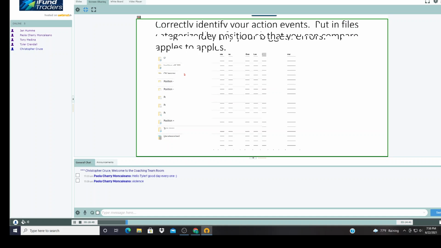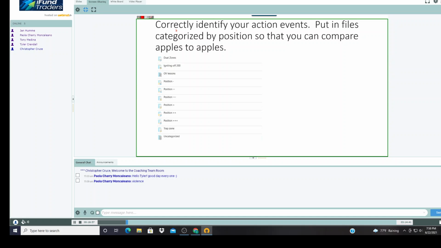So I am going to make this easier for you by proposing that you compare apples to apples. And what I mean by that is make your folders based on the position, right?